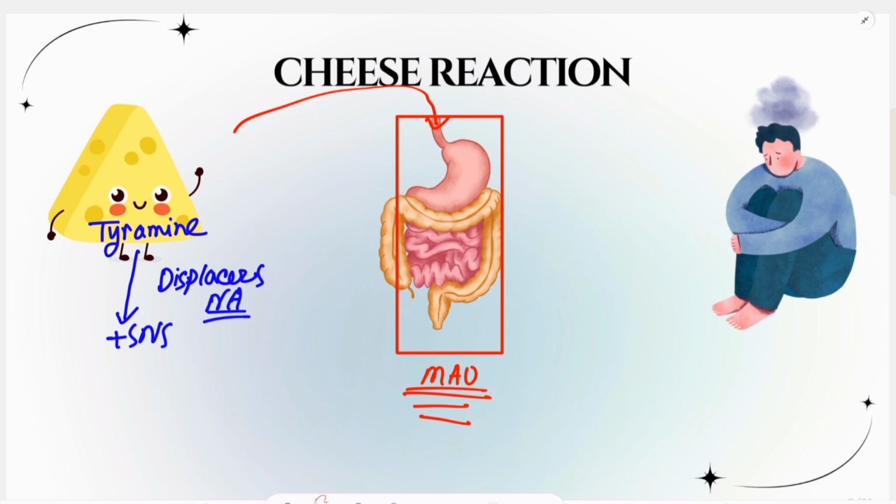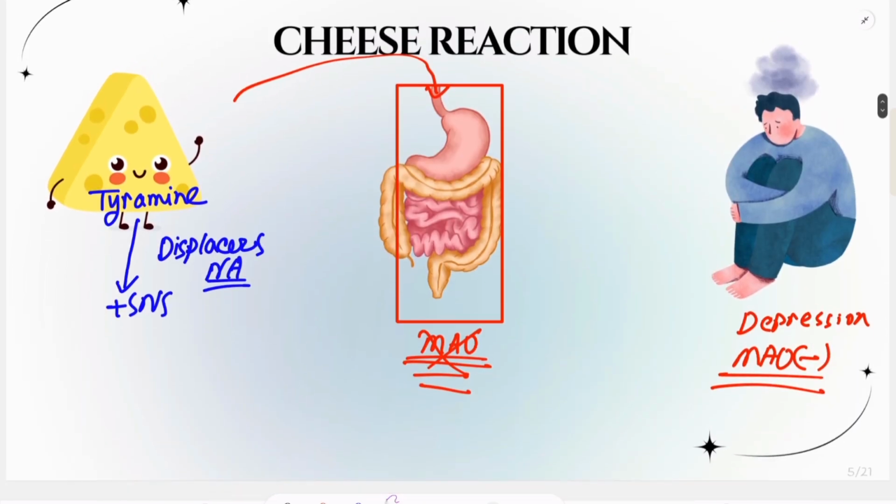But a patient with depression taking monoamine oxidase inhibitor drugs will show severe hypertension, as this monoamine oxidase is no longer in their gastrointestinal tract. So when they eat cheese, the tyramine within the cheese is not broken down by monoamine oxidase and is absorbed into the circulation and stimulates the sympathetic nervous system in a very severe range.